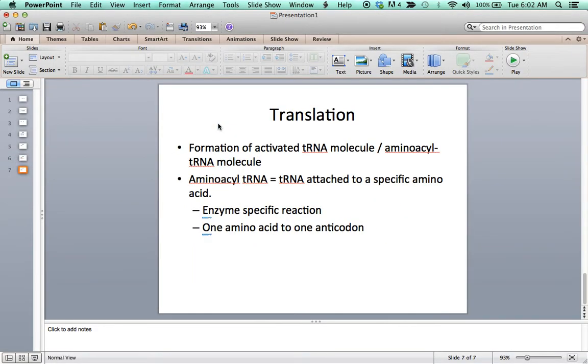So we will discuss the formation of the activated tRNA molecule, or the aminoacyl tRNA molecule. Activated tRNA molecule and aminoacyl tRNA molecule simply mean a tRNA molecule attached to a specific amino acid. You must know that this is an enzyme-specific reaction, where each amino acid corresponds to one specific anticodon.